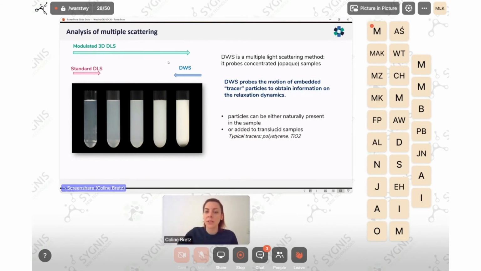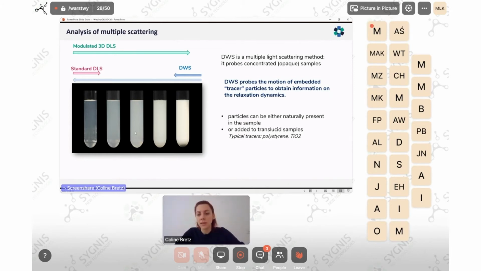These particles can be naturally present in the sample, like, for example, droplets in an emulsion or particles in a suspension. If the sample is not naturally turbid, and you want to perform contact-free rheology measurements on it, you can also add tracer particles to make it turbid. So effectively, DWS can also characterize transparent samples, provided that you add tracer particles.